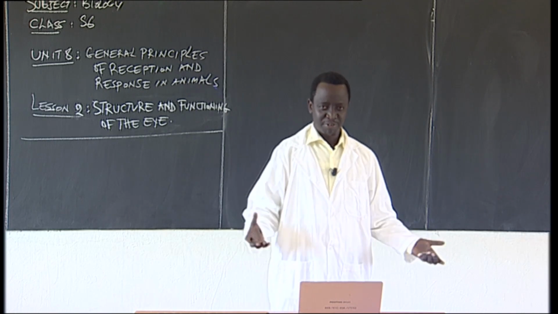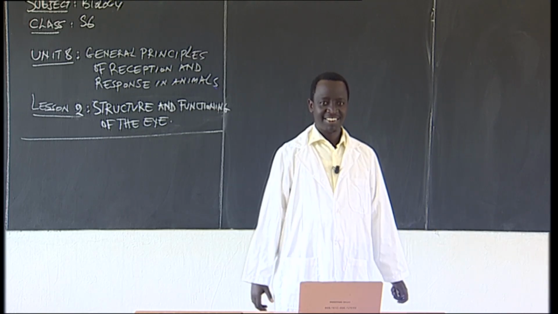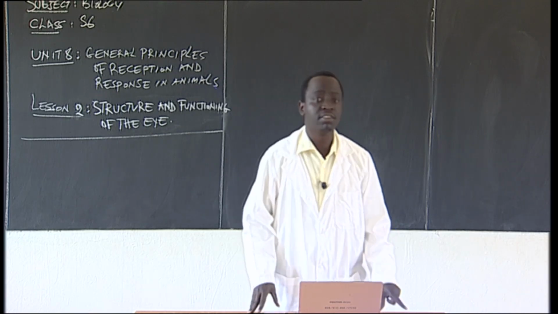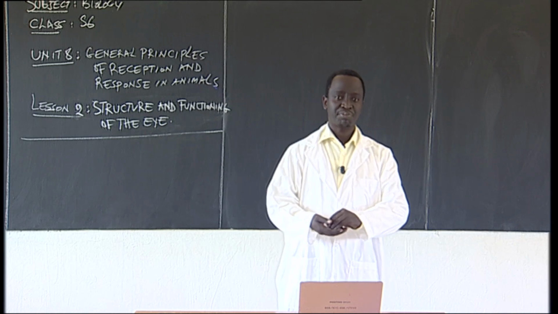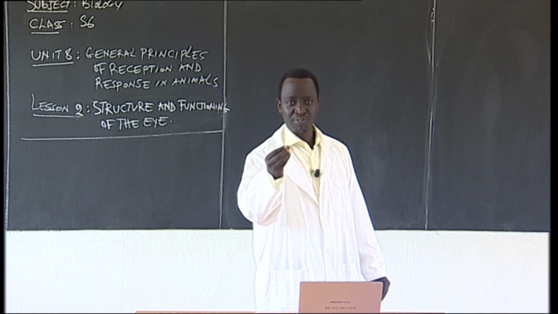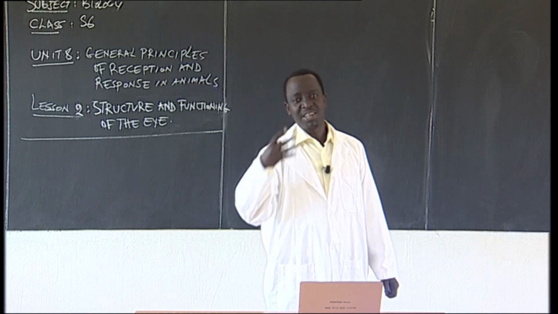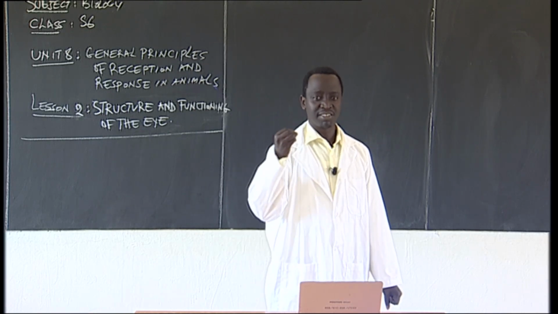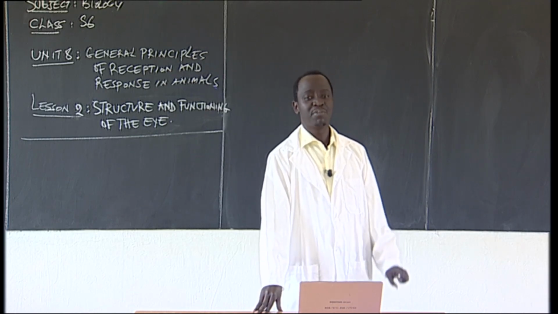You can ask yourself, does our eye need nutrients and oxygen? Who can answer? Is it yes or no? I see most of you are saying yes. Why do our eyes need oxygen? Oxygen is a source of what? Of energy. When oxygen is there, it can help us to break down the food that has been stored.